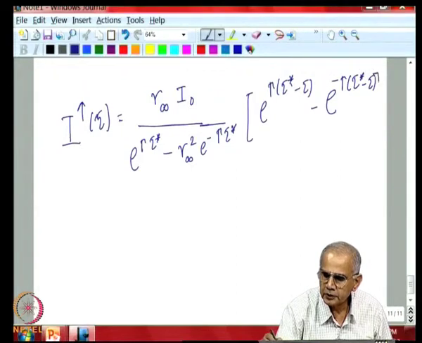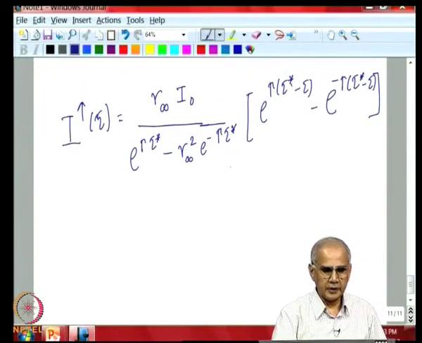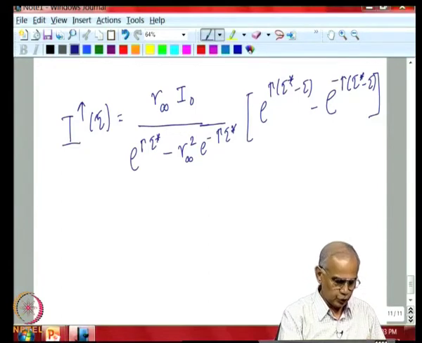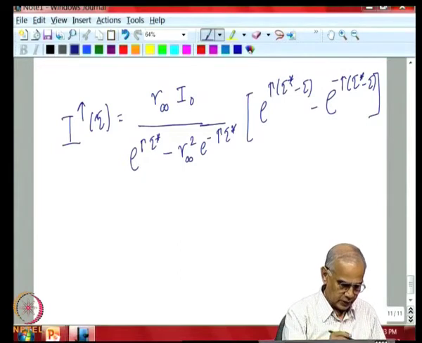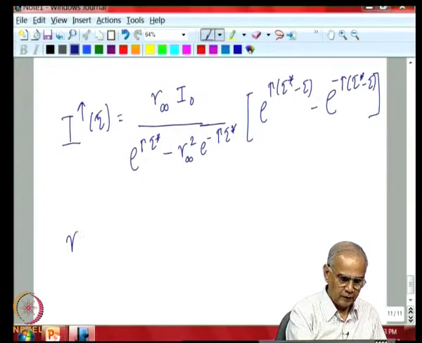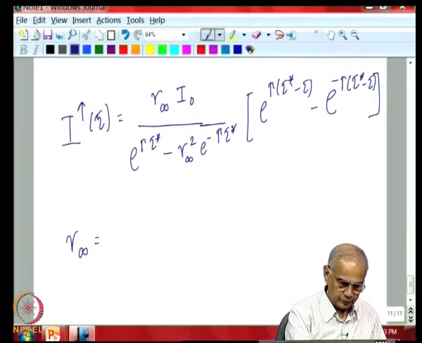So, one is exponentially increasing, another one decreasing term. Here now we have introduced two parameters. We should define what these parameters are. One is R infinity, and we will understand the meaning of the symbol very soon.